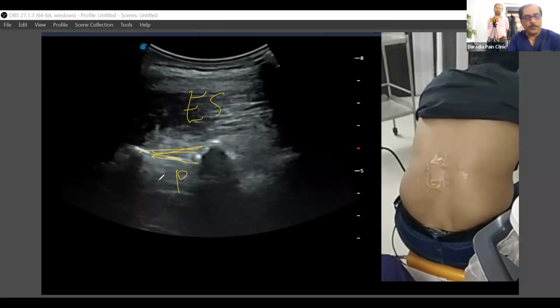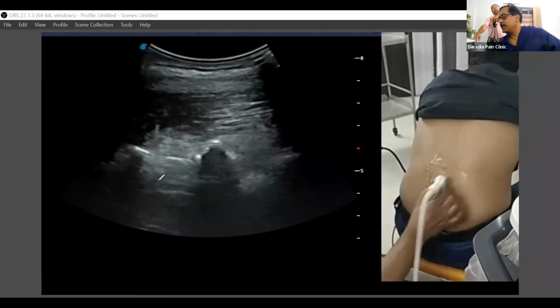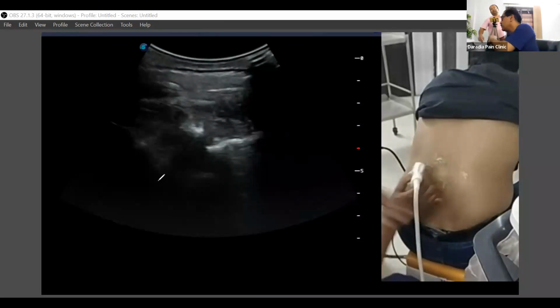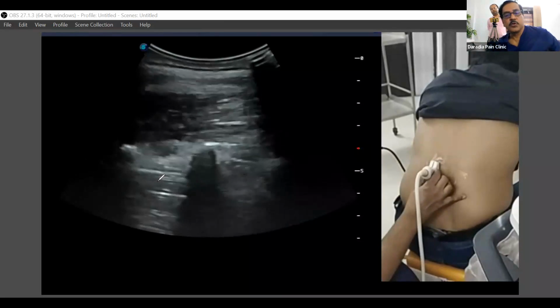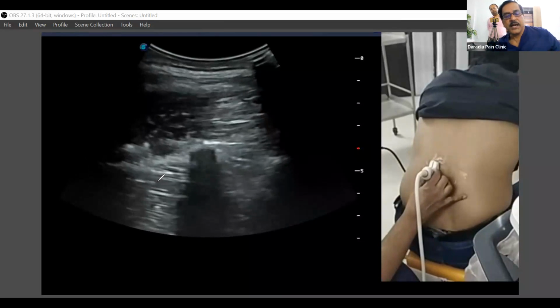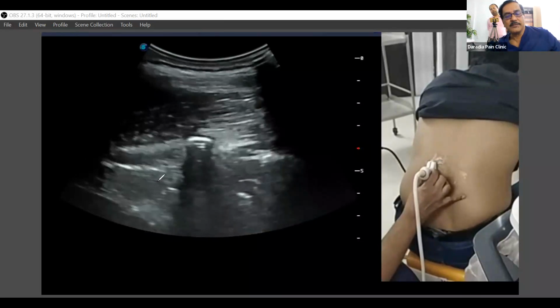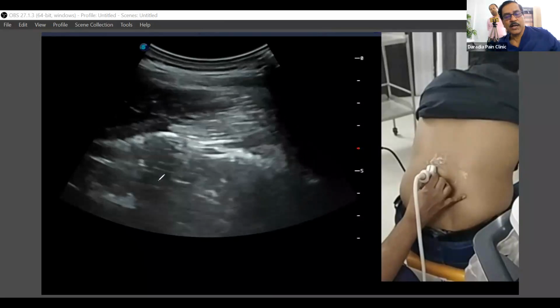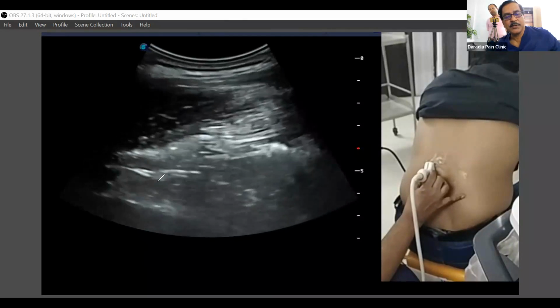Now, if I move the probe laterally, the thoracolumbar fascia will come, and then it will be splitting into two layers. So I was here, and if I go laterally, you know what is happening. See what is happening.